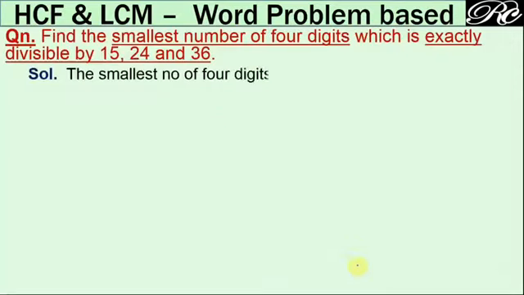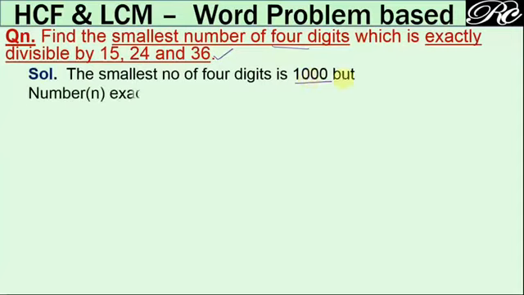Find the smallest 4-digit number which is exactly divisible by 15, 24 and 36. Here we have to get the smallest 4-digit number. The smallest 4-digit number means it must be just greater than or equal to 1000.